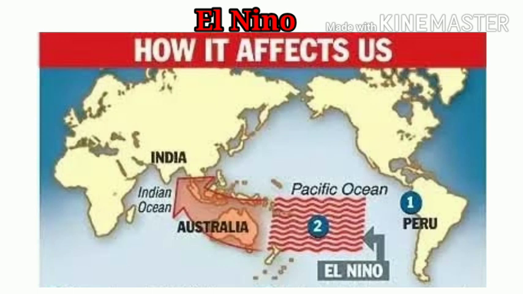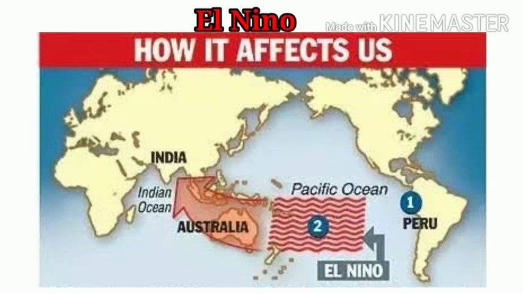These areas are highly affected by El Nino, and it is not good for our farming and agriculture. It just destroys our farming. So it is not good for India.